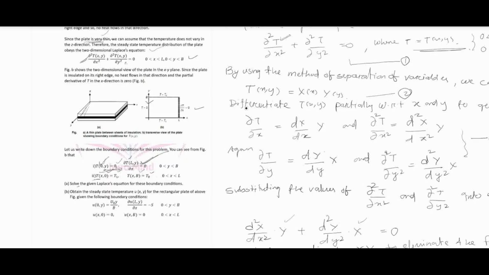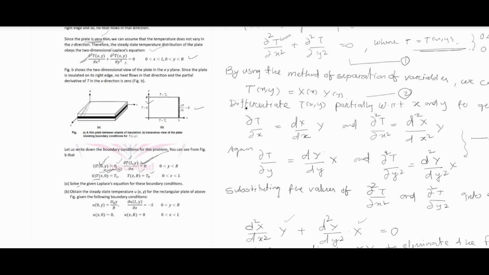So X cannot be a hyperbolic function, as that would make it even more difficult to find the answer. The boundary condition requires that X of 0 is equal to 0, so taking the hyperbolic solution would be difficult for us to come to a conclusion.